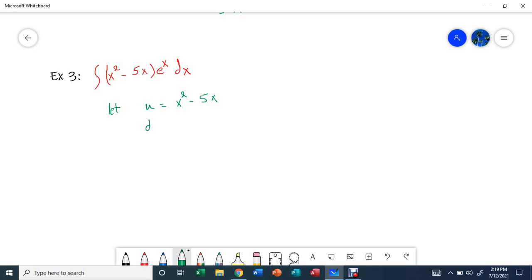So that means du equals 2x minus 5 dx, and let dv equal e to the x dx. So that means v is e to the x. The antiderivative of e to the x is the same, e to the x.